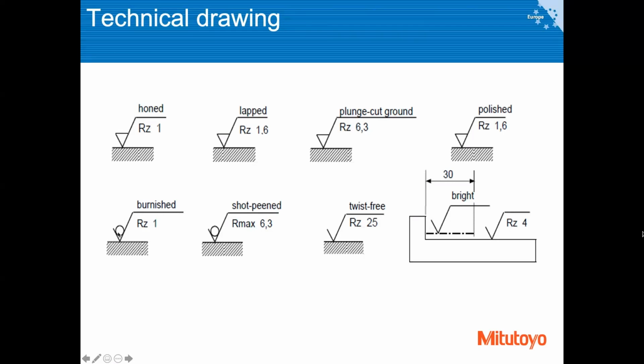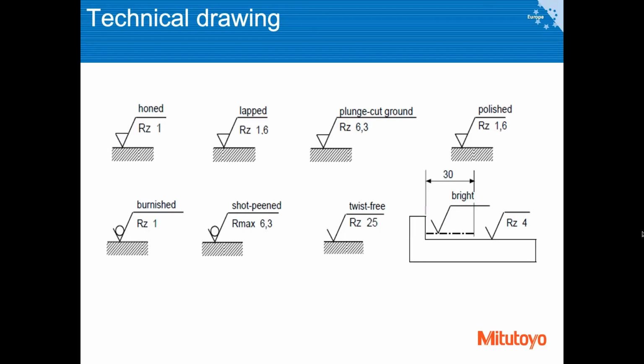While if you show this circle inside here, it means that material won't be removed, it will only be deformed in some way. For instance, in shot peening, you are blasting the surface with small shots like bearings, or you can do rolling, when you flatten the surface, squeeze it, thus making it smoother.